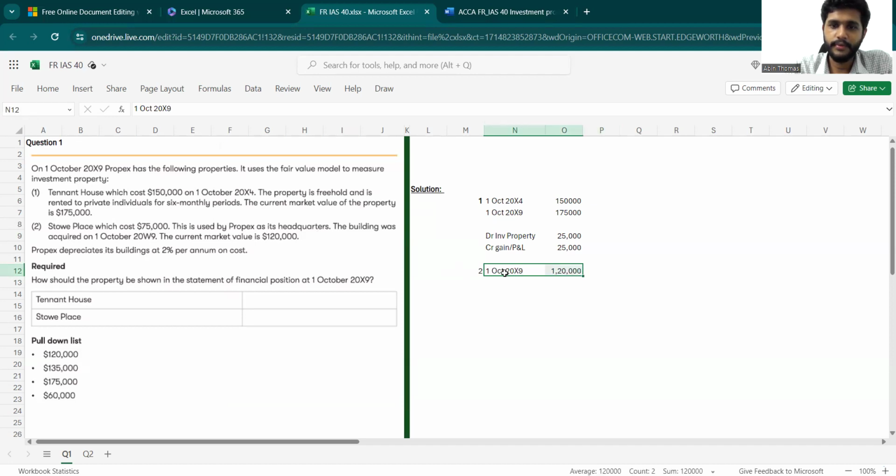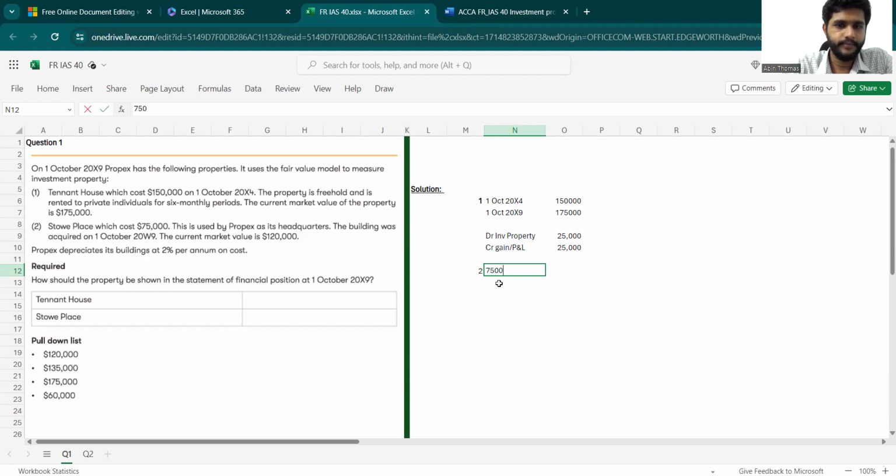So how will the current carrying value be? We should not consider the fair value increase or the revaluation, because it is under the cost model. Here it will be under the cost model, because that is the default model that we need to consider when we are doing question practice.